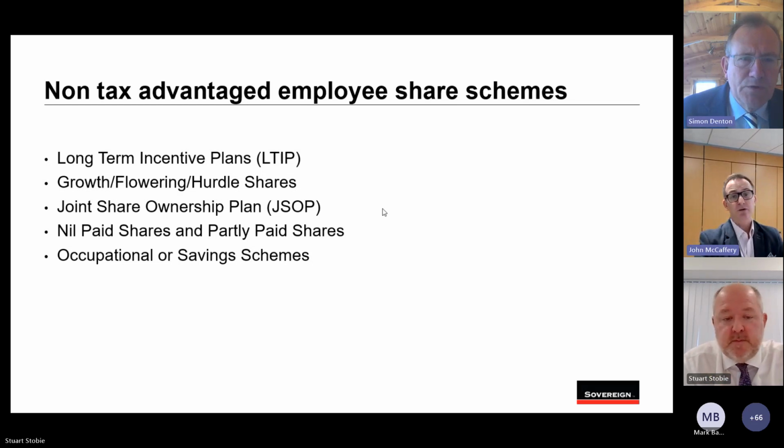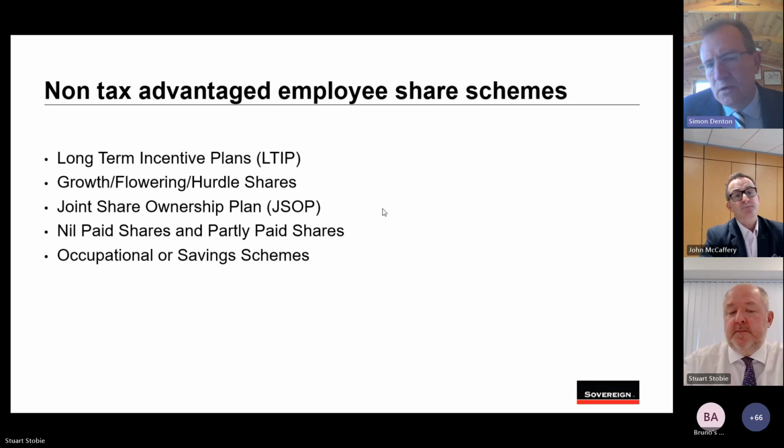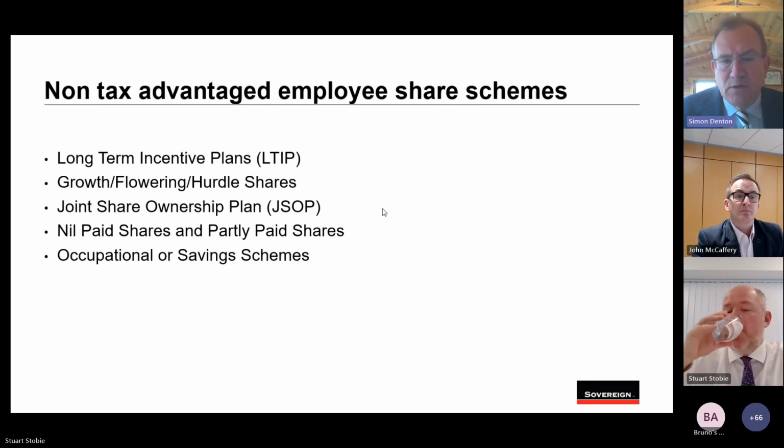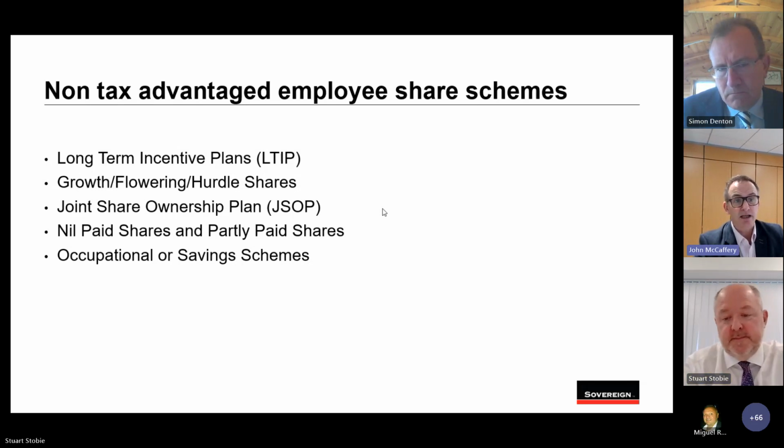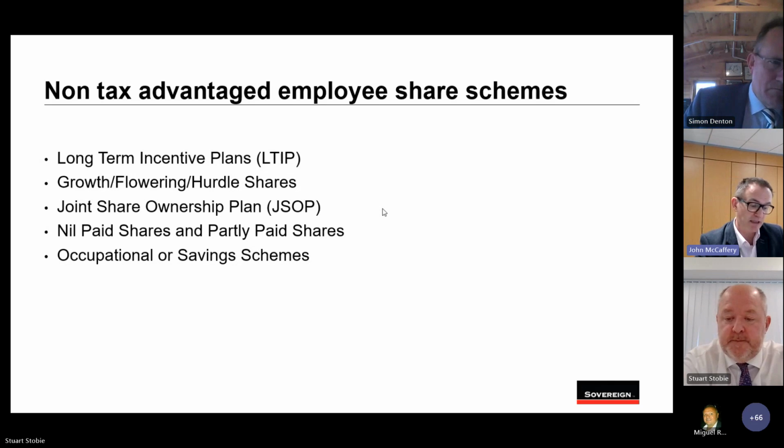John, would the LTIP be relevant to key members of staff or any staff? An LTIP can be either key members of staff or any staff. There is often, in larger organisations, a requirement to bring the entire staff body along. So long as people communicate it in the correct way, Stuart, it can be effective.